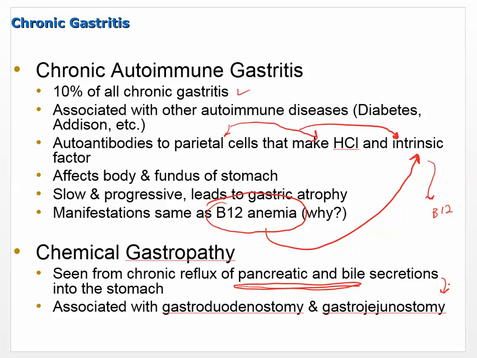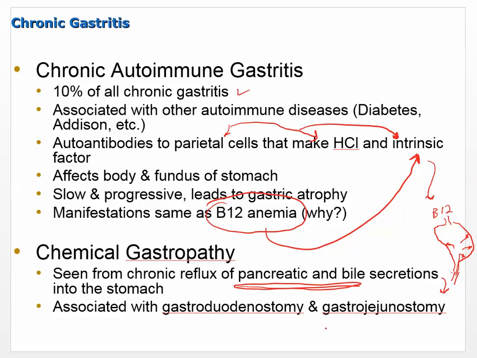So if we have reflux from the small intestine, remember that pyloric valve, if we have reflux of these chemicals, these enzymes that move back up into the stomach, then that can cause some irritation, some inflammation in the stomach as well. So chemical gastropathy is seen from chronic reflux of pancreatic and bile secretions into the stomach.